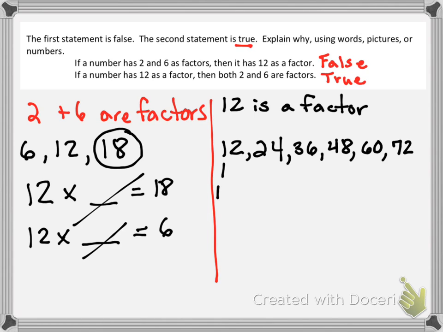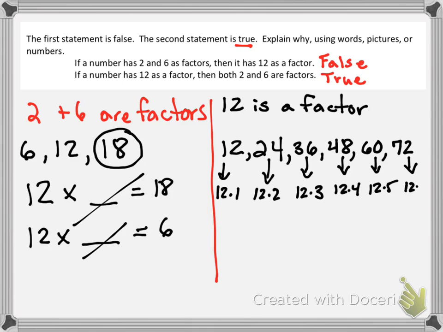We got 12 times 1, 12 times 2, 12 times 3, 12 times 4, 12 times 5, and 12 times 6. So we basically proved that second sentence, because if you noticed, over here is the factor of 2, and over here is the factor of 6, and look, there's our factors of 12.